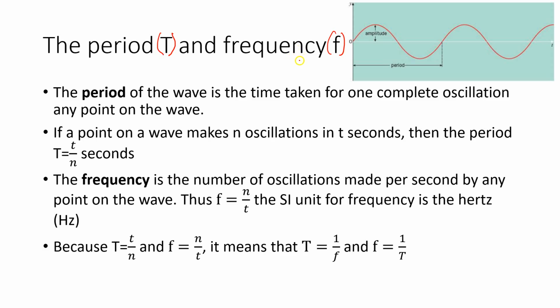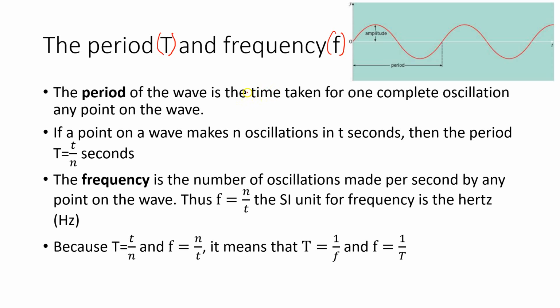As you would have learned in simple harmonic motion, period is the time taken to complete one oscillation. Okay? So in this case, if you were to define the period, you would just say the time period of the wave is the time taken to complete one oscillation from any point on the wave, right?